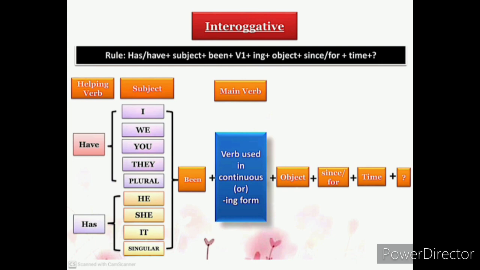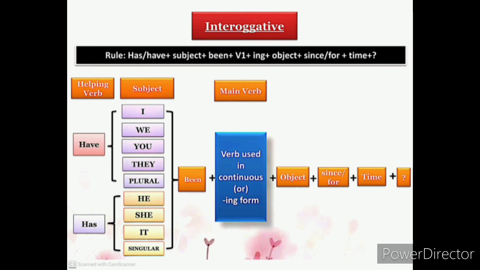So the helping verb have is used in the beginning of subject I, we, you, they and plural. After that we use been, then verb first form then ing plus object plus since or for plus time and then question mark. Next is has. Has is used in the beginning of he, she, it and singular subject.